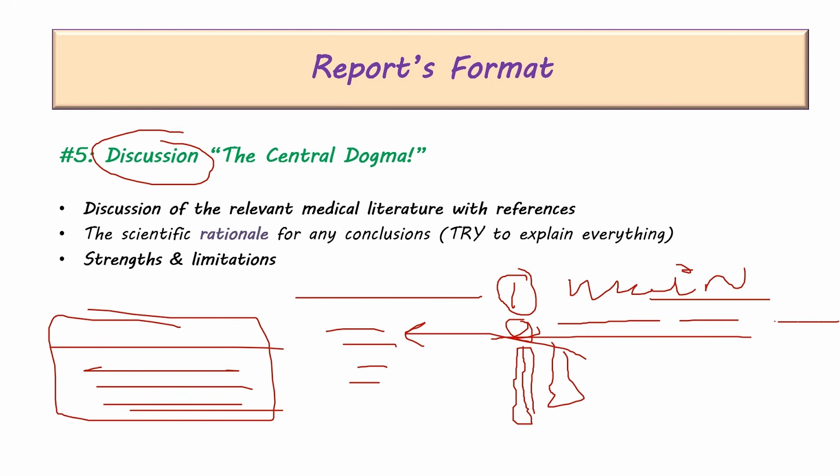After that, don't forget that you need to mention in a small paragraph the main strengths and limitations of your study. For example, one of the main limitations of case reports is that they are in general a weak evidence type of study.